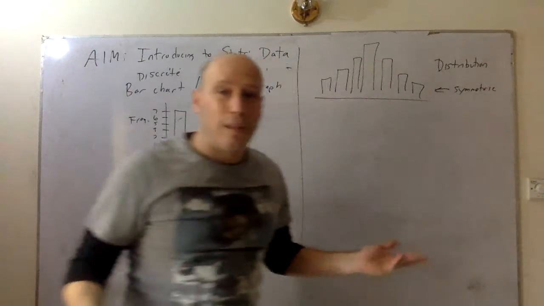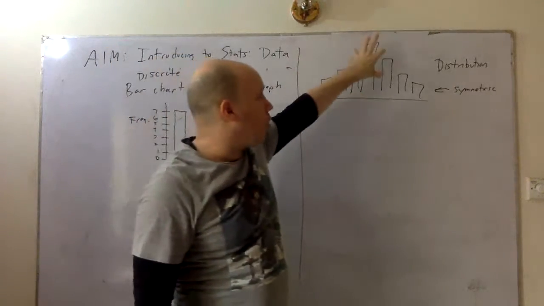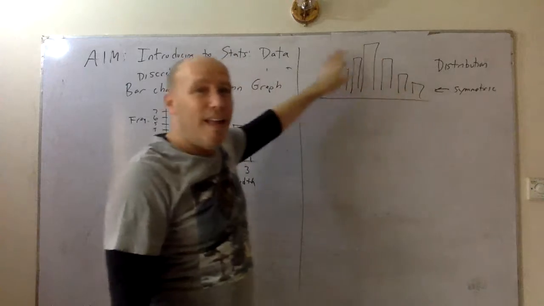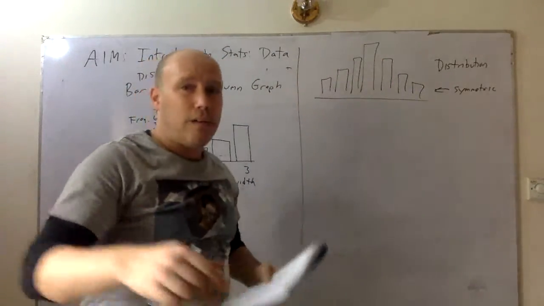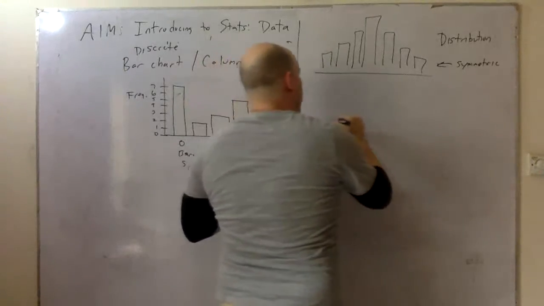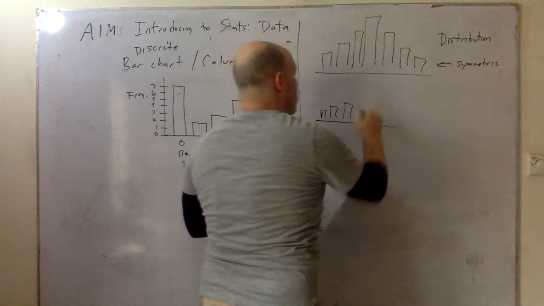So let's imagine these are scores on the test. In this first case, most of the scores are in the center. Some kids did really well, and some kids did poorly. Now let's take another scenario. Here's the bar chart for this.